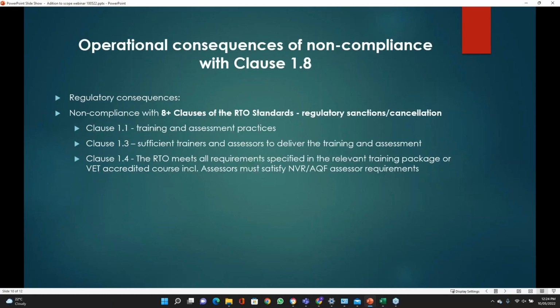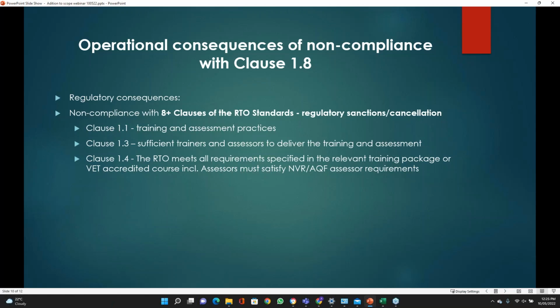What are the consequences of not being compliant with clause 1.8? So what are the consequences of putting your scope application in? The regulator comes in and they do an audit and they do find that you are non-compliant. Needless to say, non-compliance with any of the standards, including clause 1.8, can ultimately lead to regulatory sanctions or cancellation of your RTO's registration.